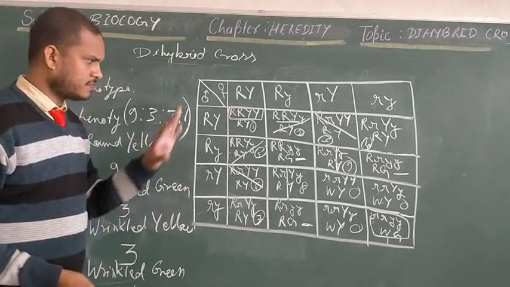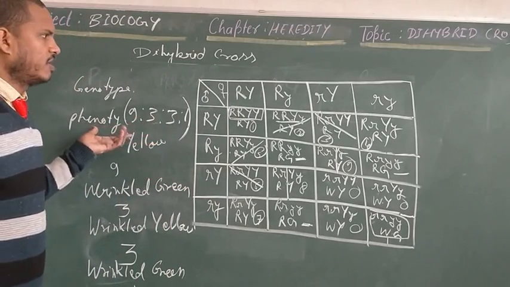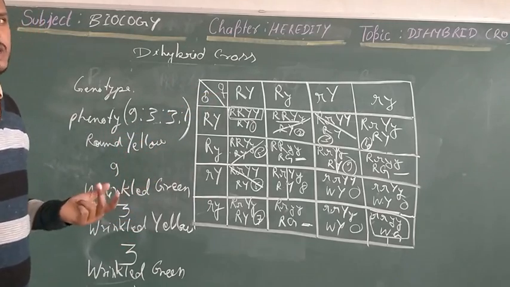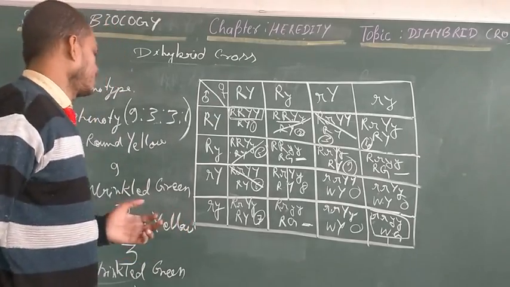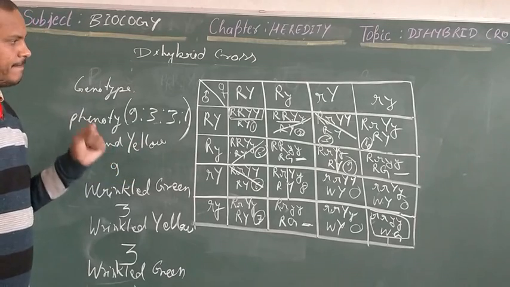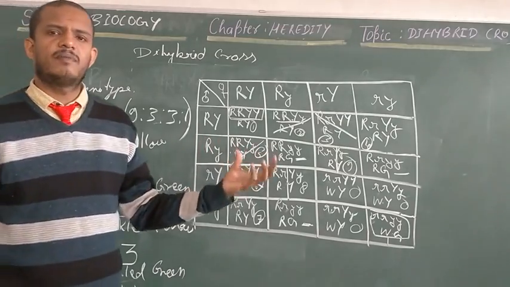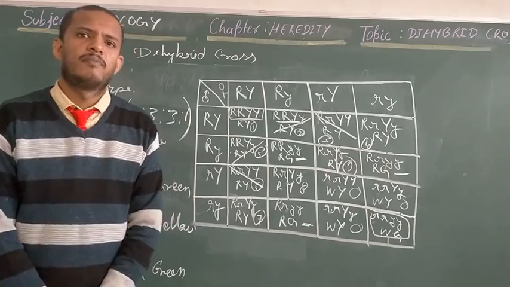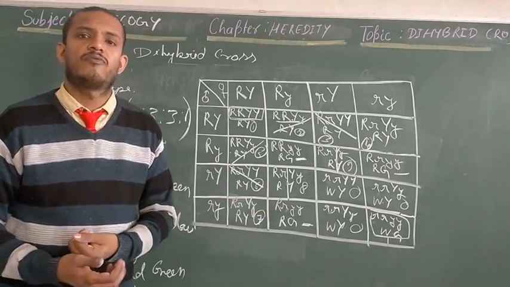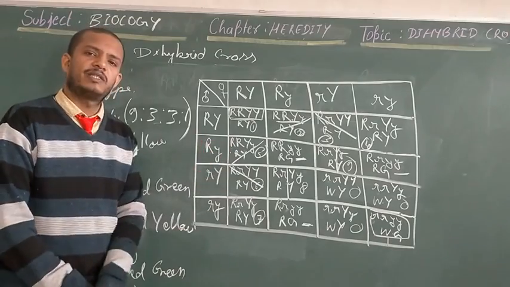So this is how we can use the unit square for large cases, such as dihybrid or trihybrid crosses, because the general method is not applicable in that case. In the next class, we will discuss the biological or molecular mechanisms taking place behind the expression of all those things, the role of hormones, and the role of DNA or genes while expressing this trait.